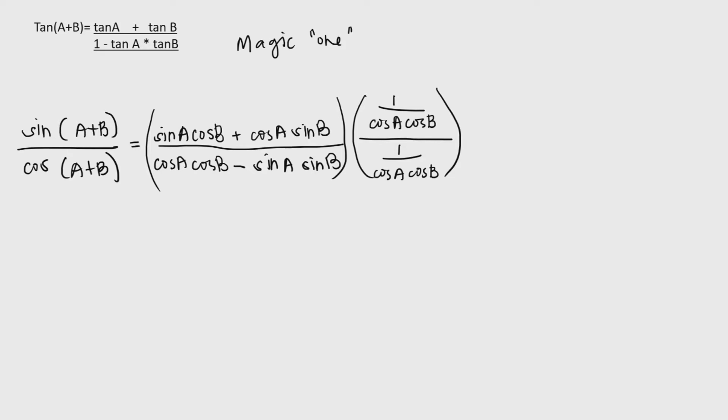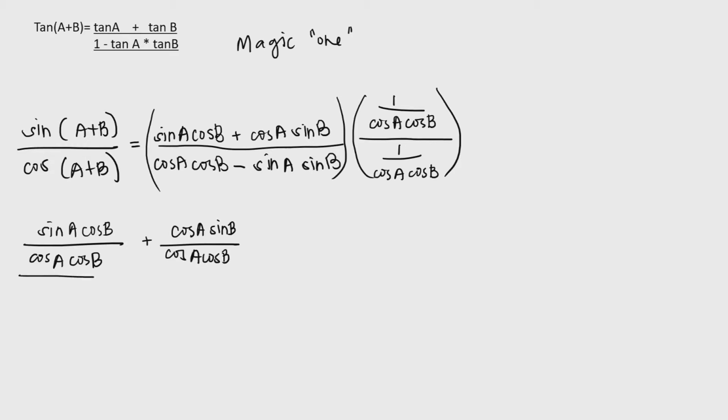Okay, so let's just multiply all of that, which we get sine A times cosine B over cosine A times cosine B plus cosine A sine B over cosine A cosine B over cosine B. Okay, almost there, almost there. A little bit further.